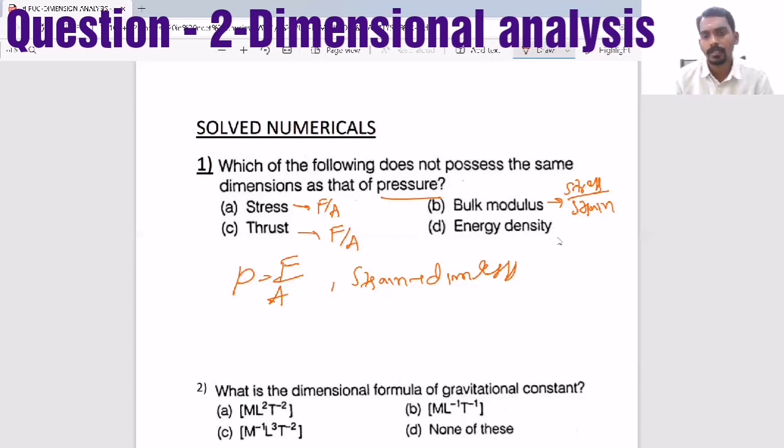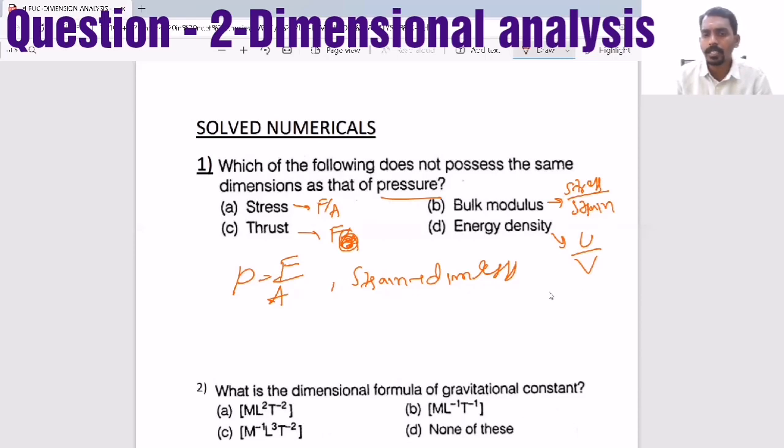Now energy density. Sorry, here is a small mistake: thrust is only force. Thrust means a force applied, not force by area. So thrust has only force.